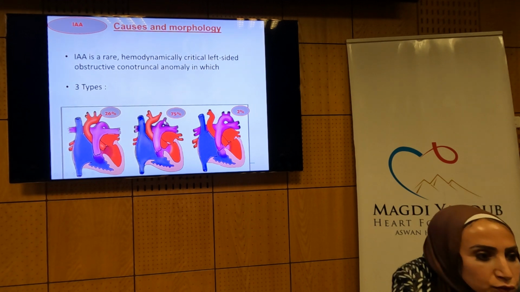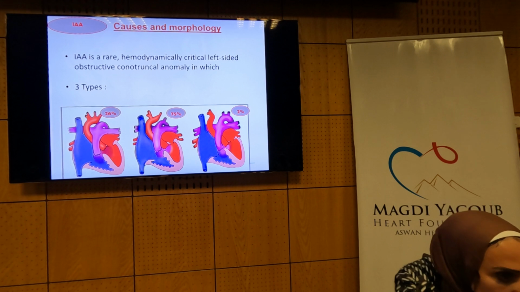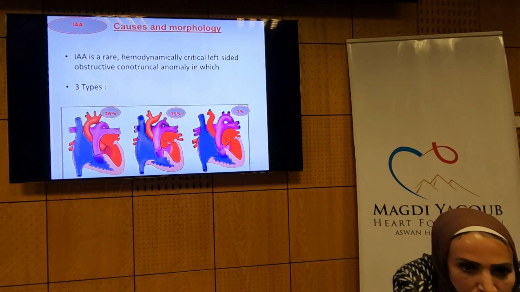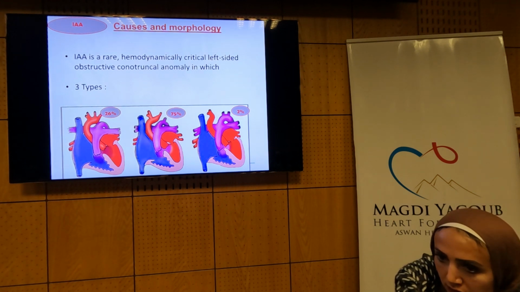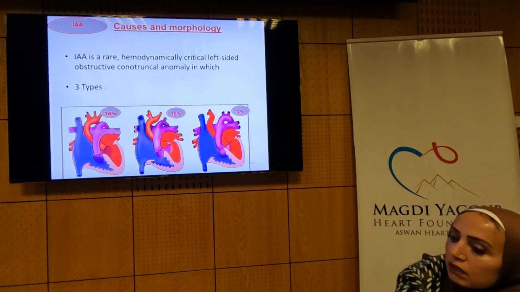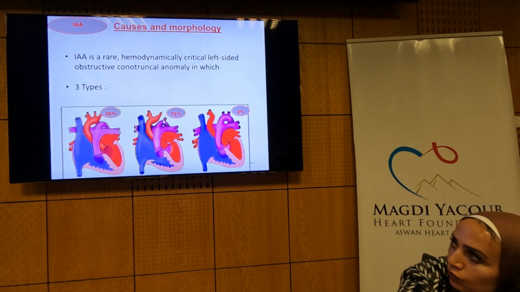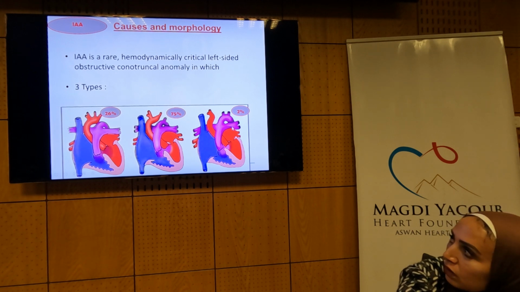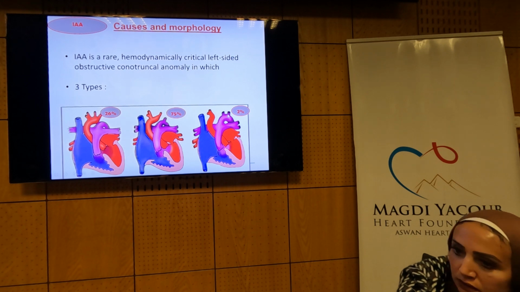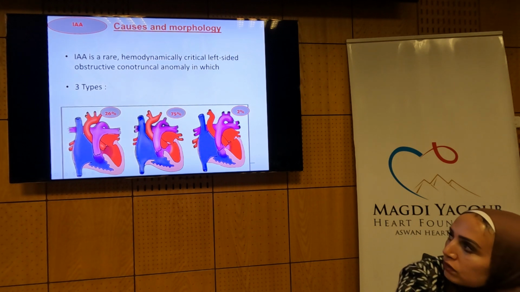So the difference is the presence of an unrestricted large PDA that supplies the descending aorta and, here in type 2, gives the subclavian. Here this is the descending aorta, and this subclavian and the carotid come from the descending aorta.